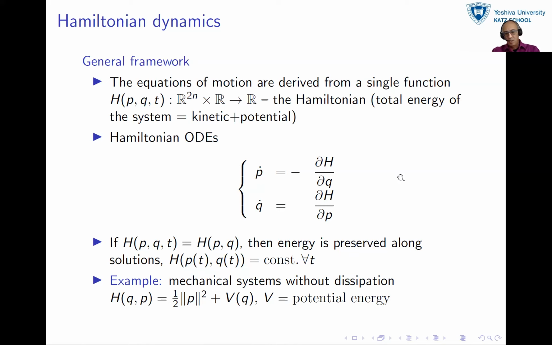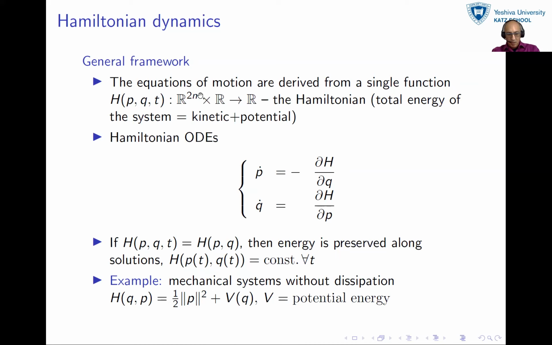P dot is negative partial derivative of the Hamiltonian with respect to Q. Q dot is the partial derivative of the Hamiltonian with respect to P. Each of these P, Q are vectors in some dimension, 2, 3, and the dot means derivative with respect to time.